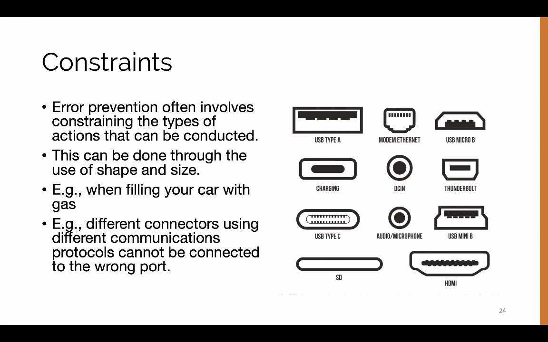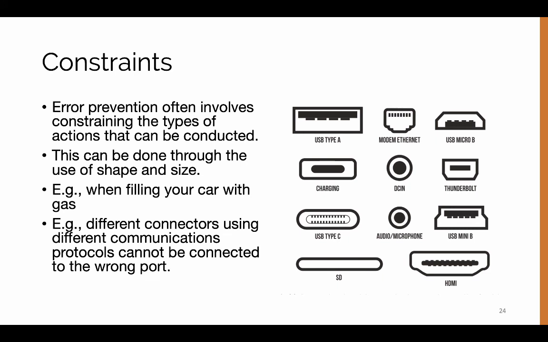So there are some things we can do. More layers, for example, will help, or making those holes a little bit smaller so it's less likely people can get through those Swiss cheese pieces. One way to do that is by constraining things in some ways. We can prevent errors by constraining the types of actions that can be conducted. An example of that, of course, is on the right.